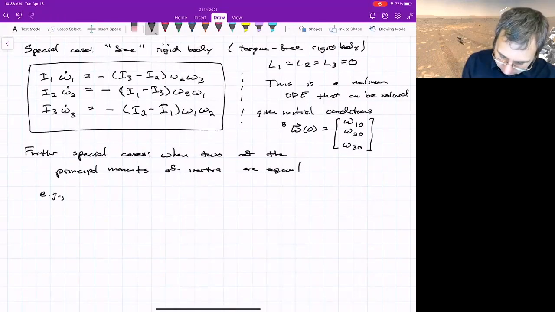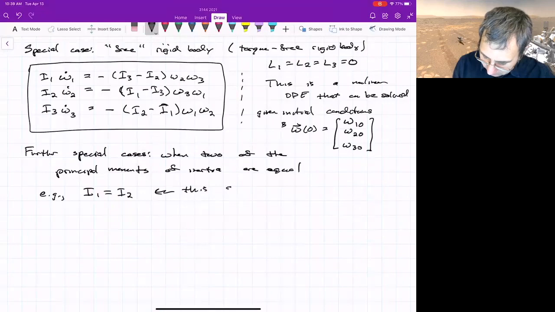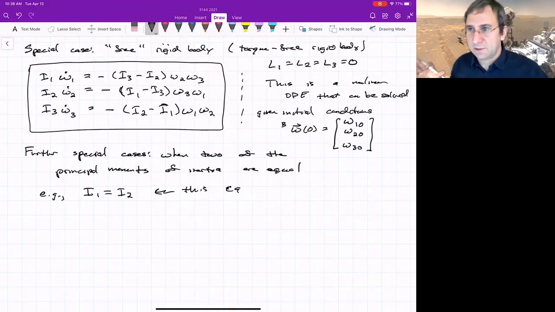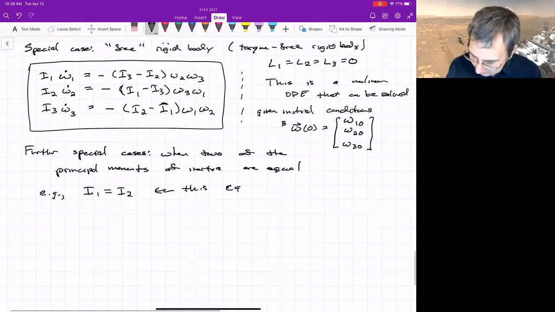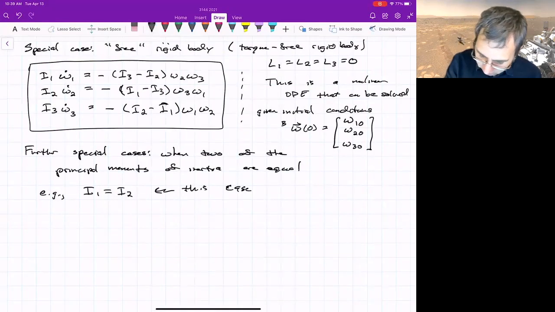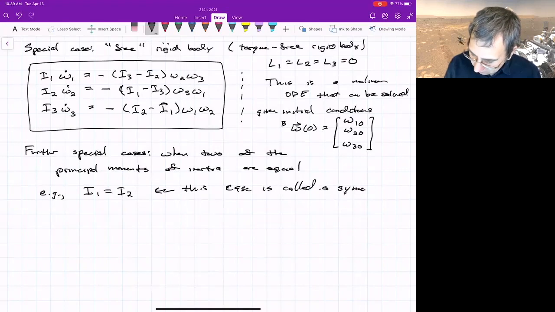So for example, if I1 is equal to I2, and it's the same thing if I3 is equal to I1 or whatever. It's just for ease of explanation, it's typically taken that I1 is equal to I2. This case of 2 equal principal moments of inertia is called a symmetric rigid body.